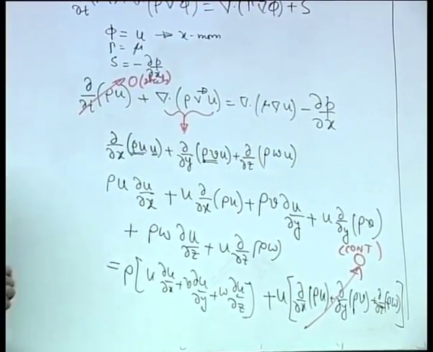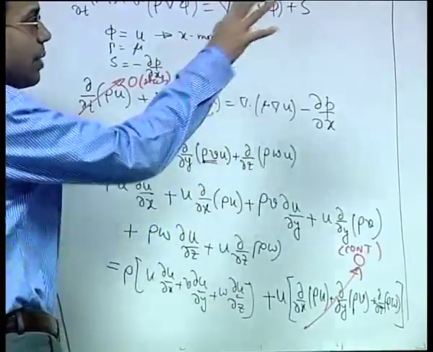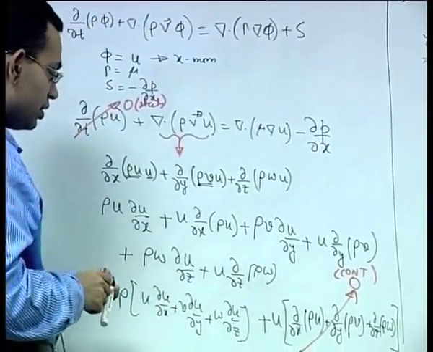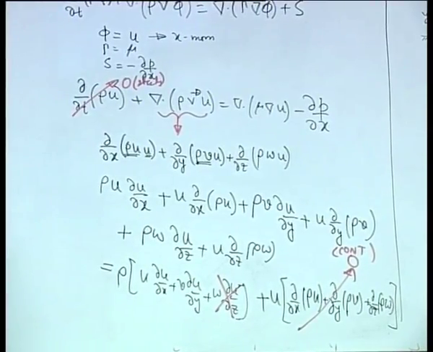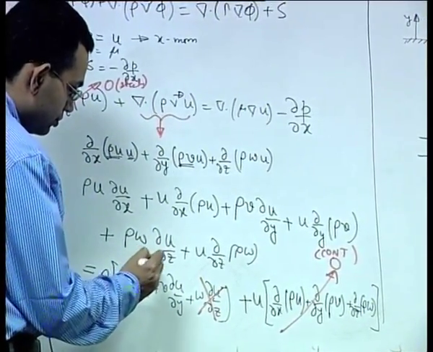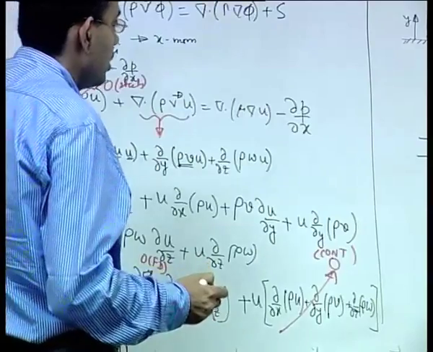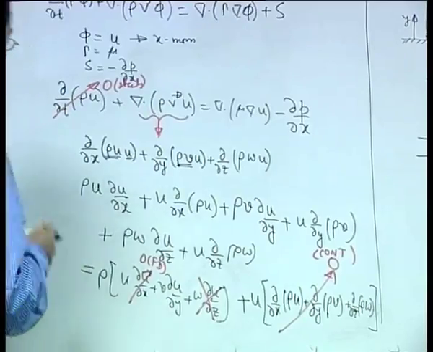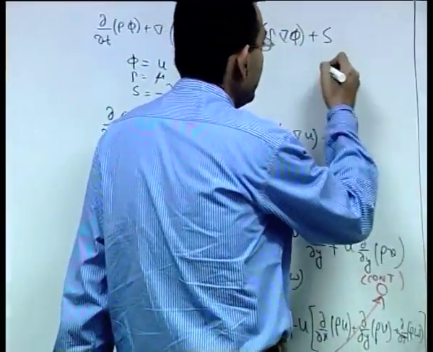So, the left hand side is rho into u del u del x plus v del u del y. It is a 2-dimensional flow first of all, it is a flow in a plane. So, the third component is not important. Then fully developed flow means del u del x equal to 0. So, this will be 0. If you are considering an incompressible flow, the continuity equation is even more simplified than this one.